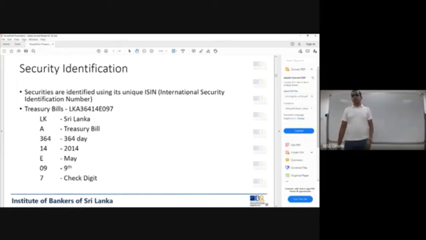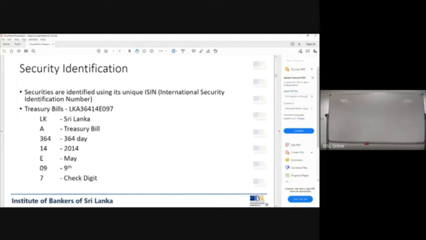How do you identify people? Using the NIC numbers. So likewise, even government securities, especially bills and bonds, will also have something like an NIC number. It's called an ISIN number, International Security Identification Number. All government securities will have this ISIN number, which is a unique number, and you can identify the security no matter where you are. From any part of the world, you can identify which country has issued it, what is the maturity, and what tenor.